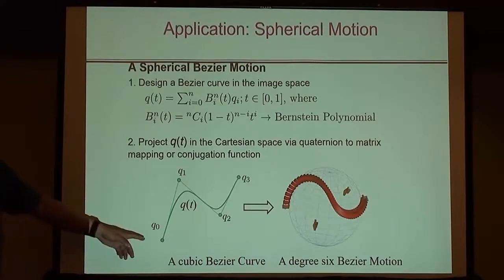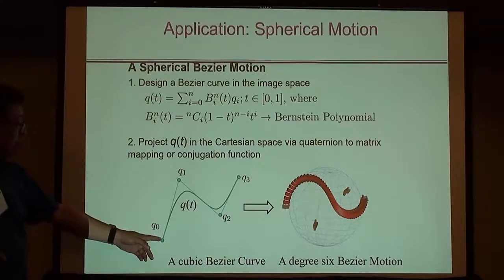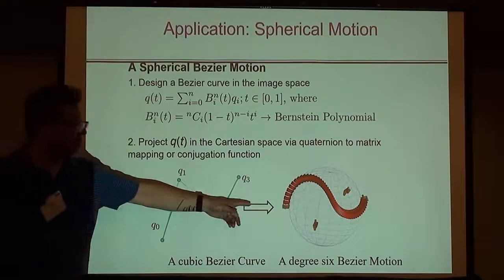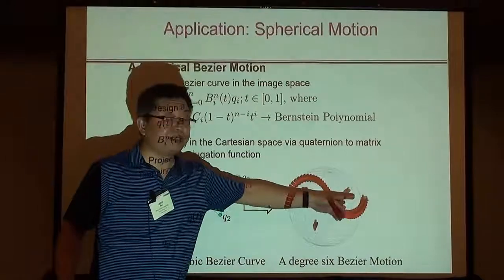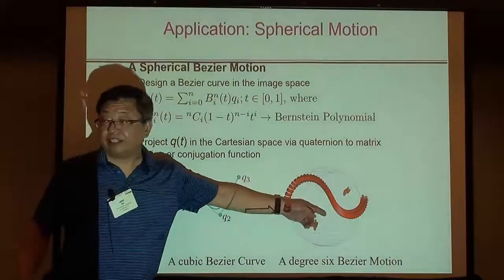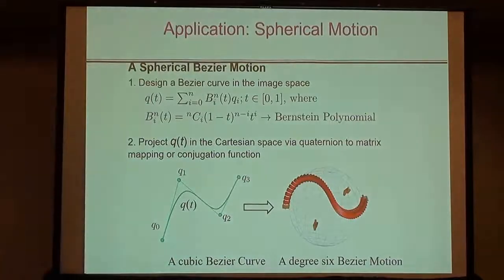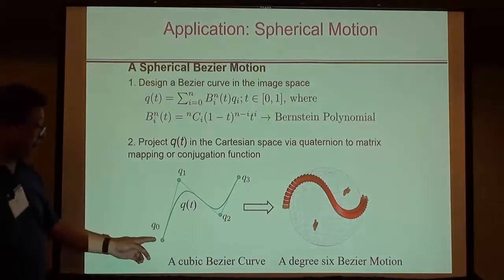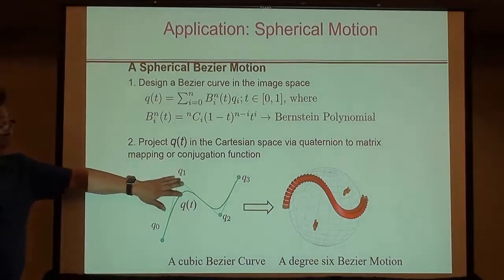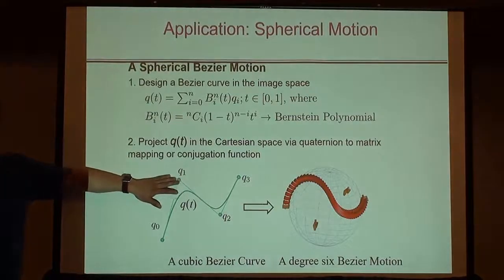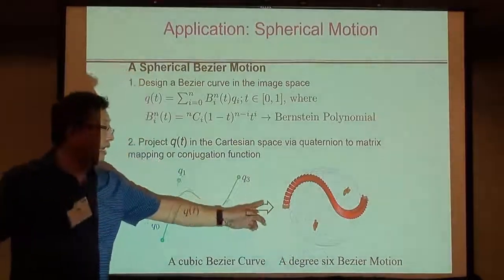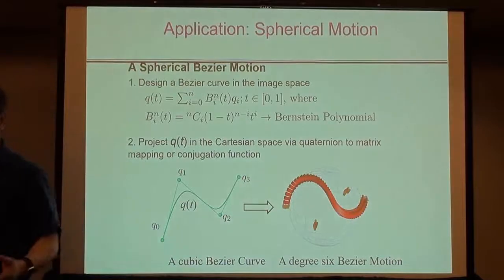Here's an example. You have four control points, control quaternions, and they represent four control positions. Then you will get a smooth motion that connects the first one to the last one. If you change this control point slightly, you will move the control position slightly, and the path will also change slightly.